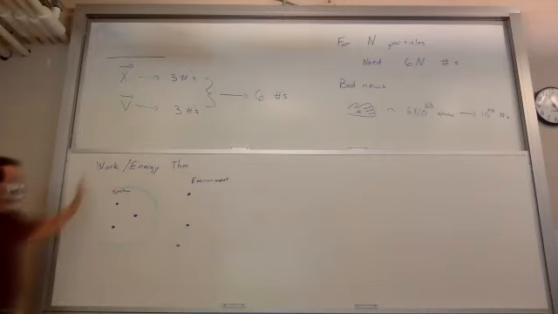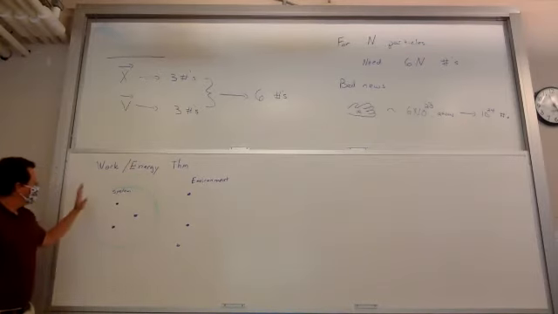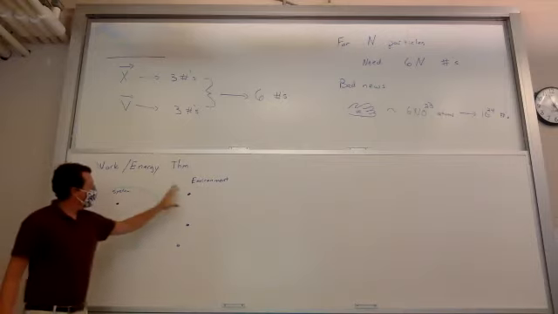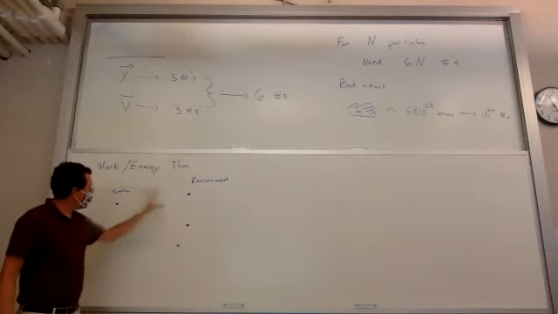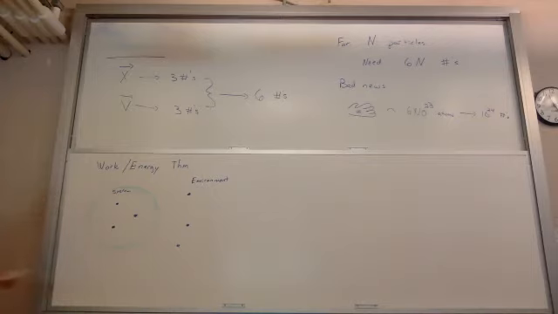And the universe would be everything. So we have an inside and an outside. I thought we would start by writing down the work energy theorem, and then remind ourselves where it came from.